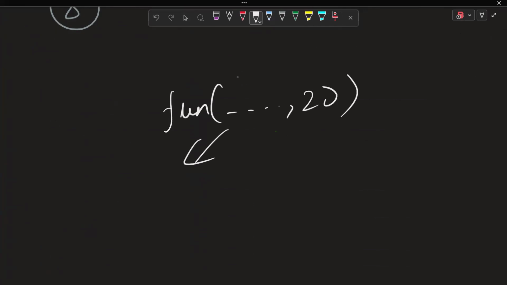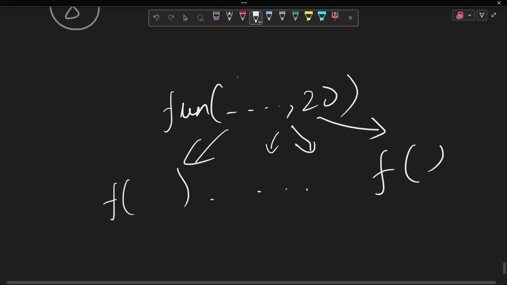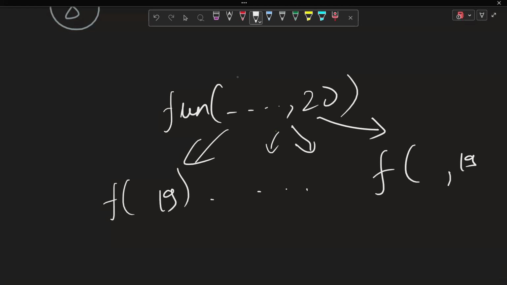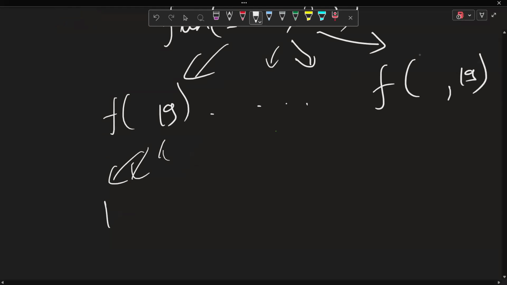Then with this, at max, there would be 8 more functions, but there I would have x by 2. So with 2^20, I would have 2^19. And then from here again, for all of them, at max, I'll have 8 more partitions with 2^18.